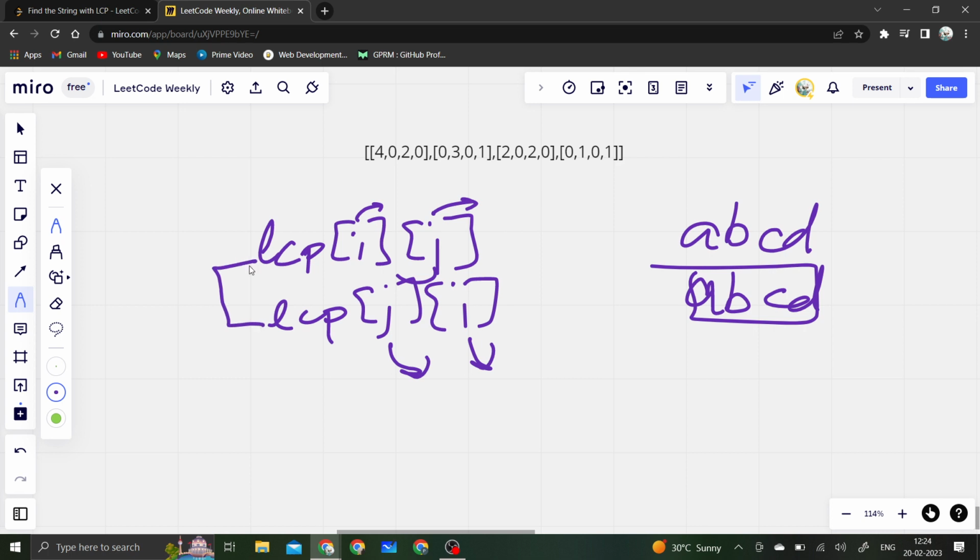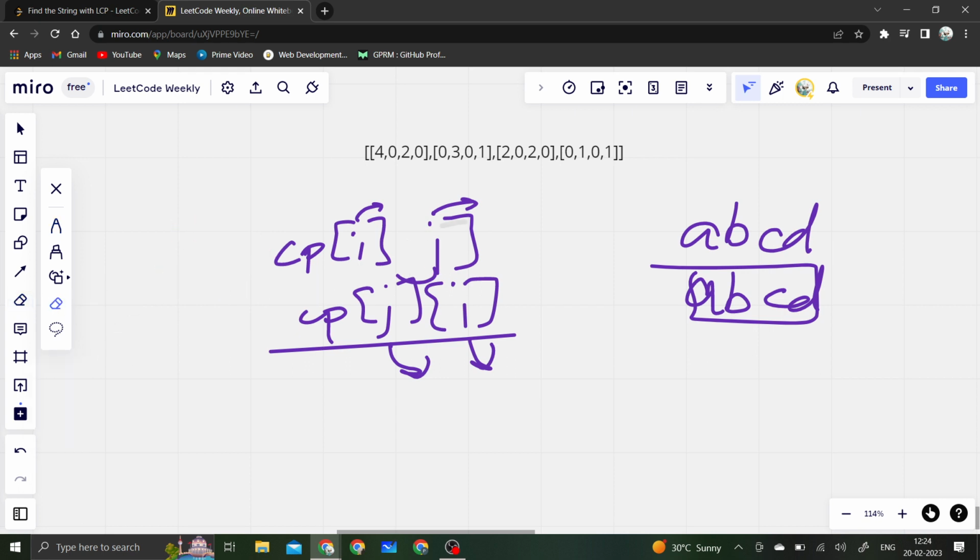So these should be same, right? The values of these two indexes of the LCP matrix should be same. But if there is any case for which these will not be same, right, then also we will not be getting any answer. So this is the second case.